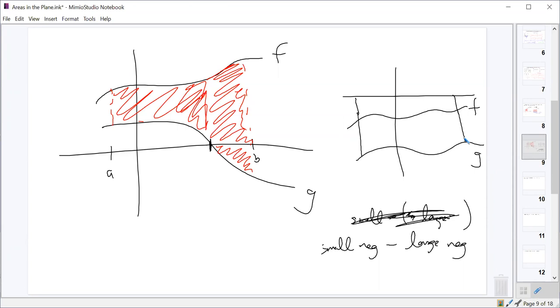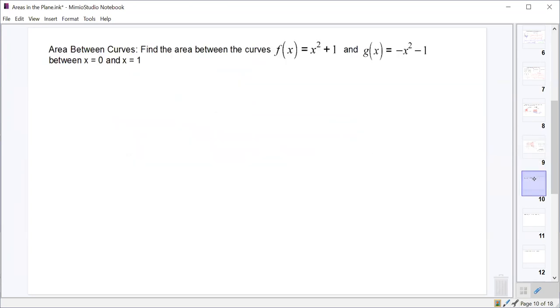Cool. All right, so let's see if we can do a problem. Let's see if we can find the area between x squared plus 1 and negative x squared minus 1, between 0 and 1. Sound good? What should we do first?